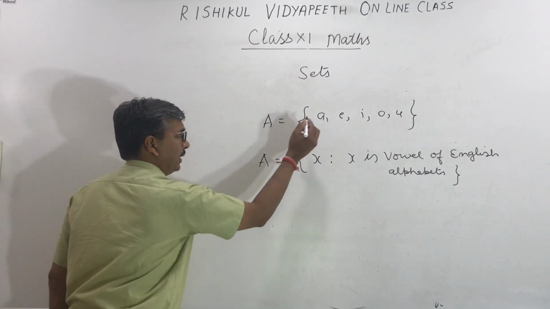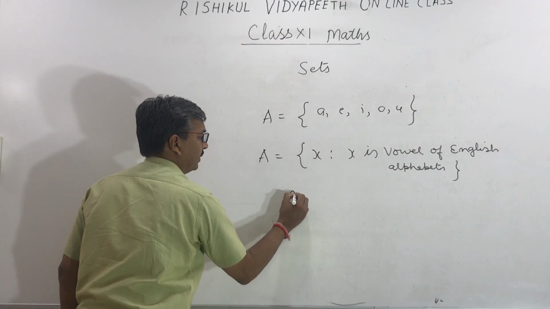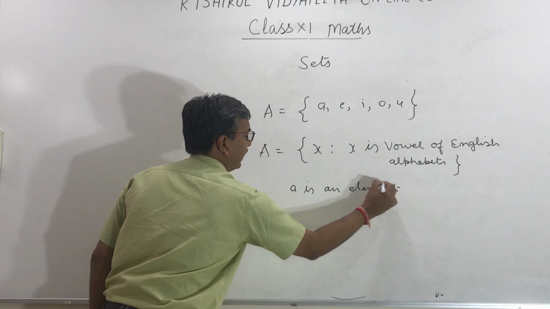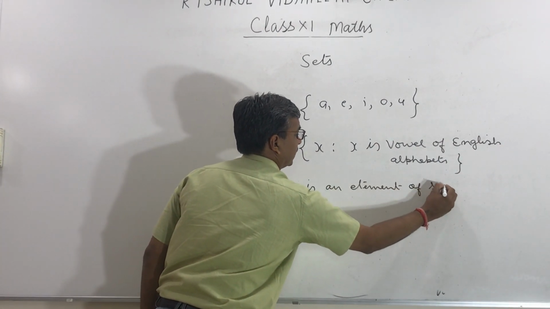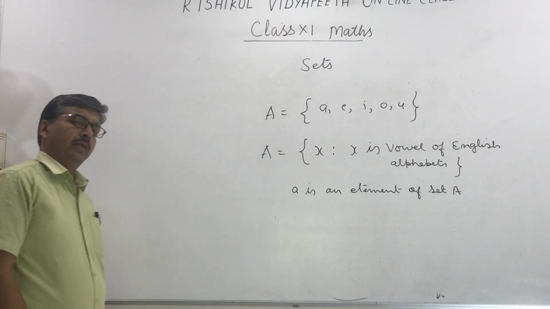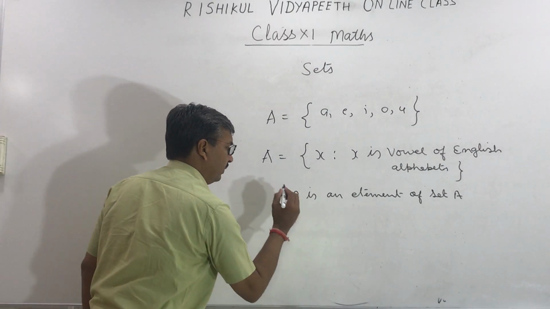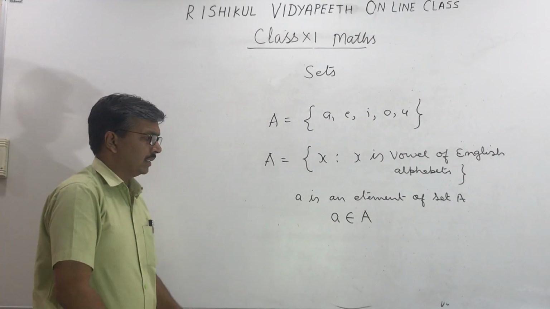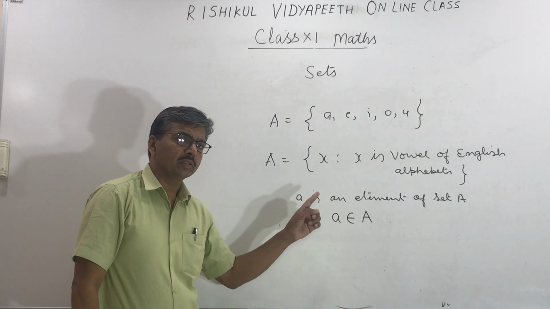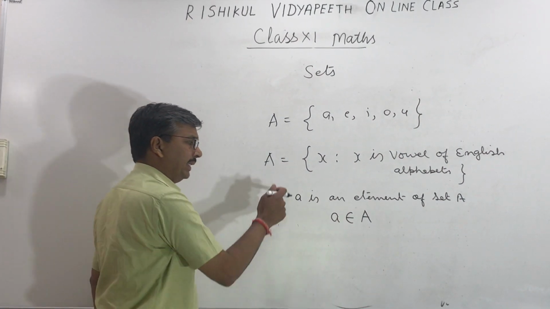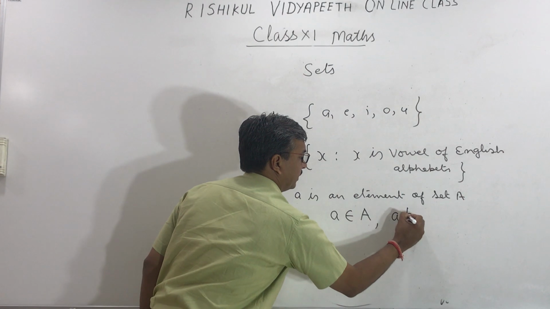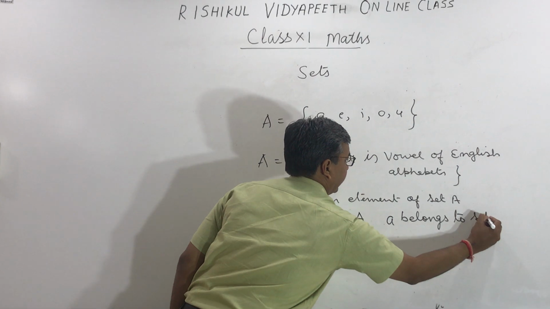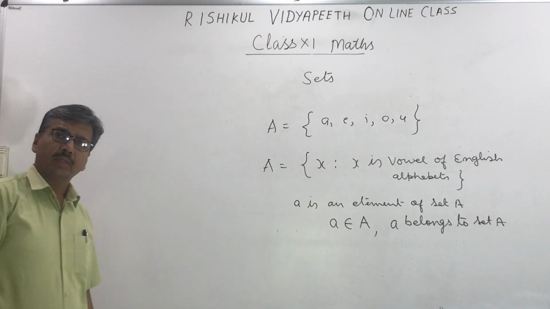Okay. Now let a be an element of set A. Then how do we write this? We write a belongs to A. This is the sign, a belongs to A, and we read it as a belongs to set A. Okay.